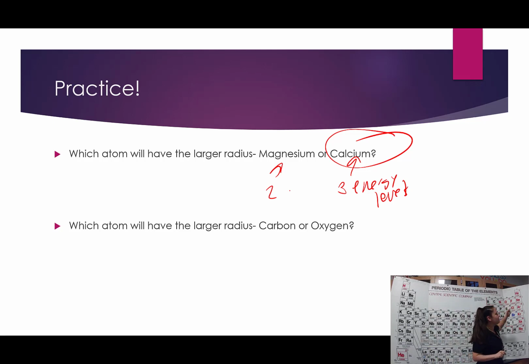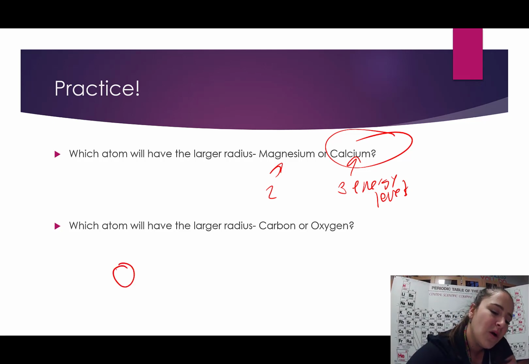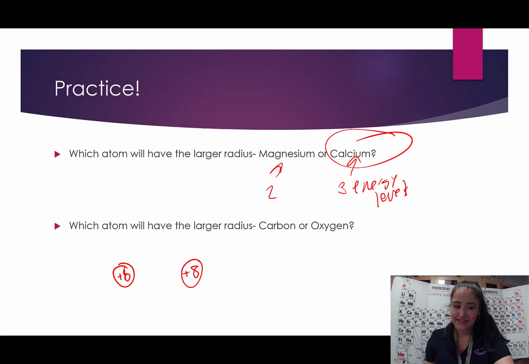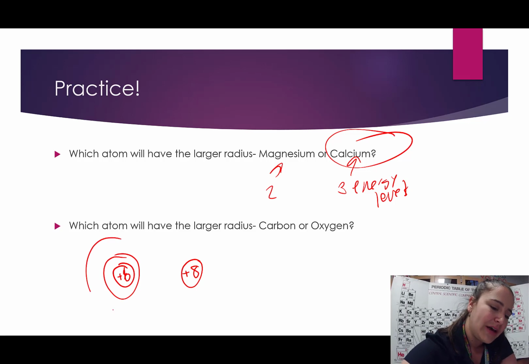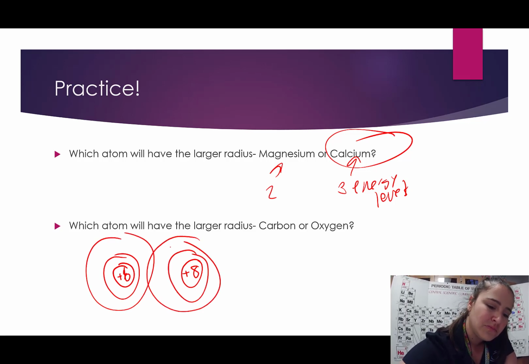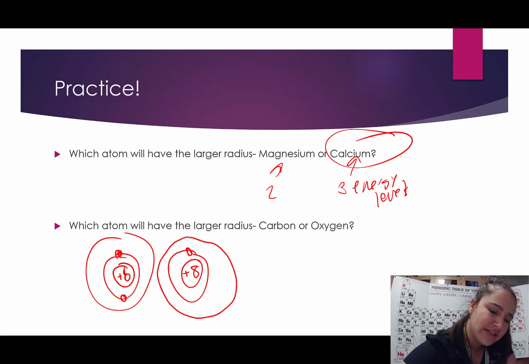Carbon or oxygen? Okay? Just for fun, let's go ahead and draw their Bohr models. We have carbon with its 6 protons and oxygen with its 8. Okay, they both have 2 energy levels, with 2 electrons in the first.